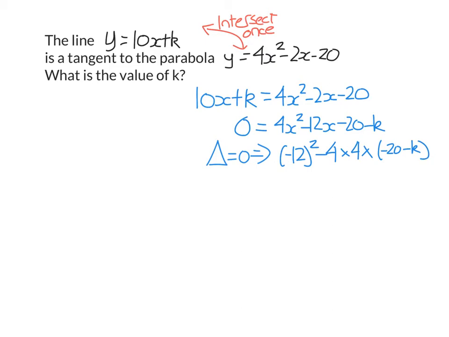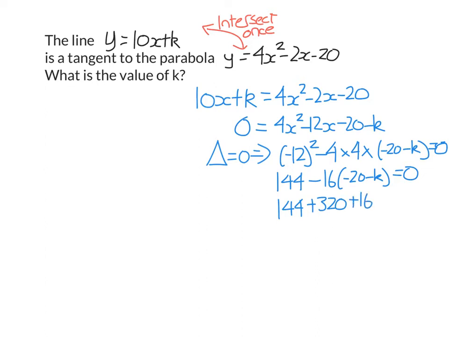So cleaning this up, I want this to equal 0. So I have 144 minus 16 outside of minus 20 minus k is equal to 0. Expanding the brackets, minus 20 times minus 16 is plus 320. Minus 16 times minus k gives us 16k.